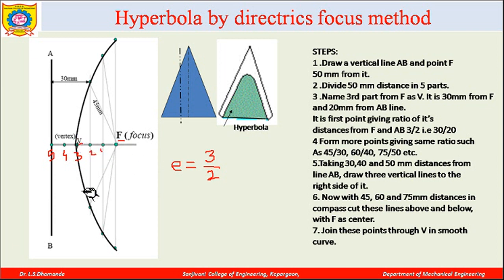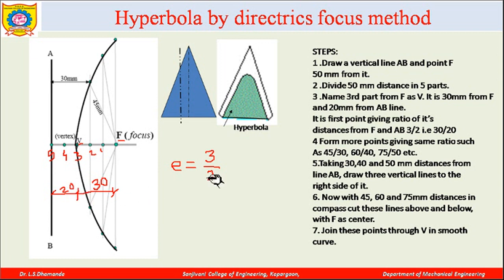It is 30 mm from this F, so definitely it will be at a distance of 30 mm. If the total distance is 50, then the distance from F to V is equal to 30 mm, and this point V will be 20 mm from the line AB. So from here if you measure the distance, it will be 20 mm.